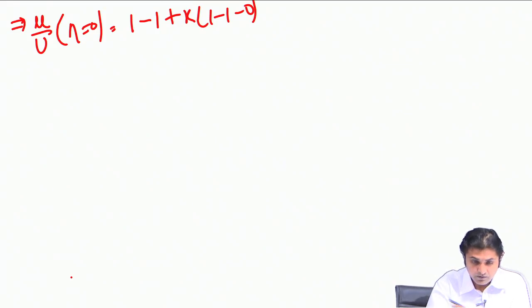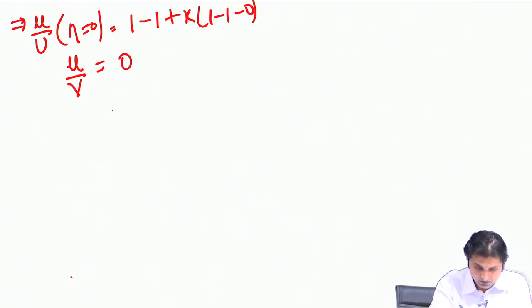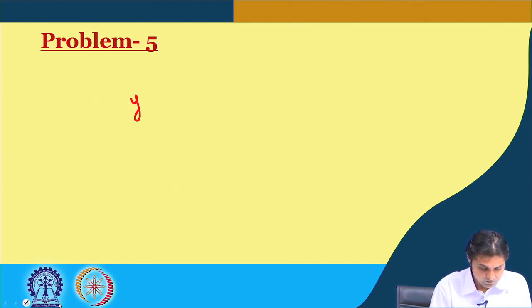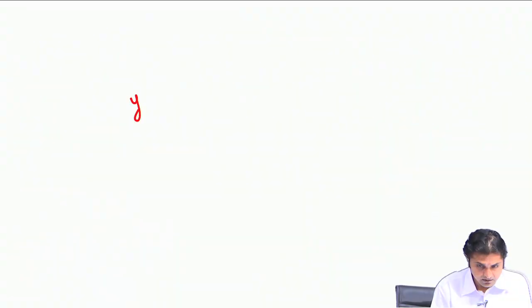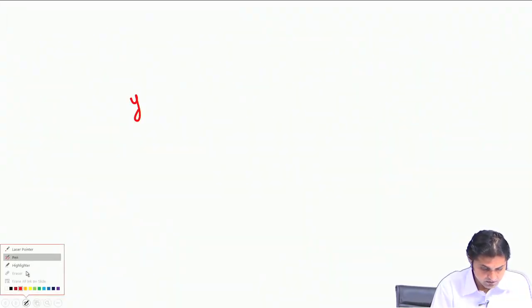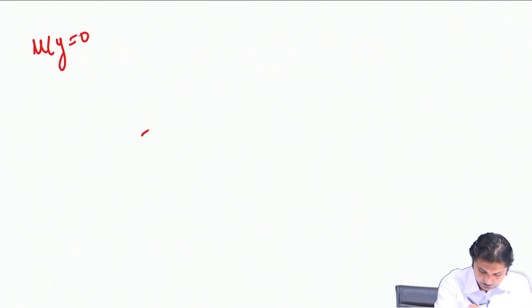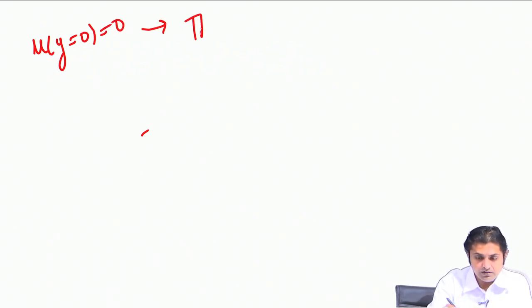So u by capital U is equal to 0, which implies u at y equal to 0 is 0, thus proved.